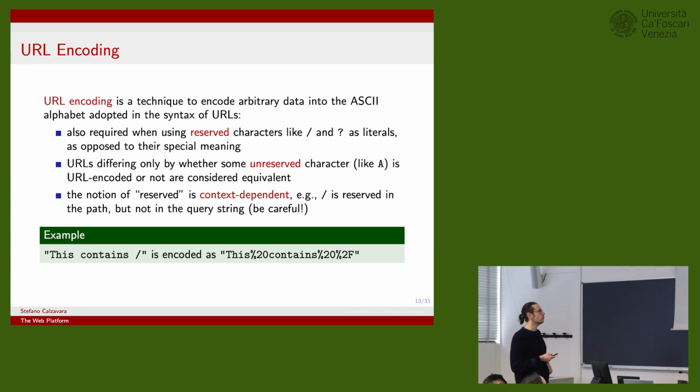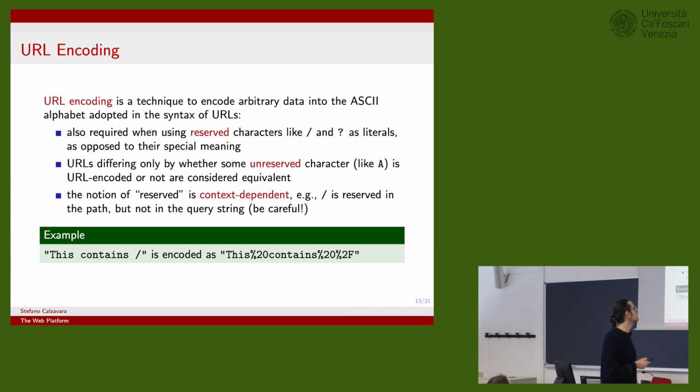That's the main purpose, but you also have other purposes for URL encoding, which is to give a literal meaning to some reserved characters. What is a reserved character? It's a character with a special meaning in the syntax of URLs. For example, we said that the slash is the separator of the path component.